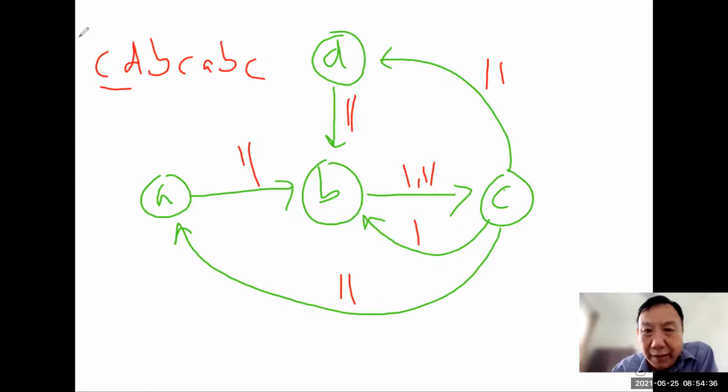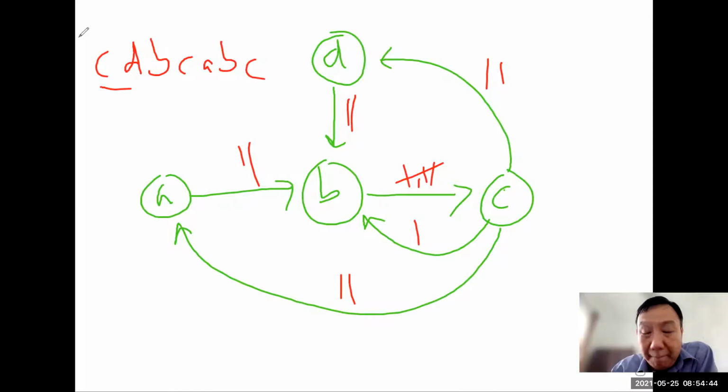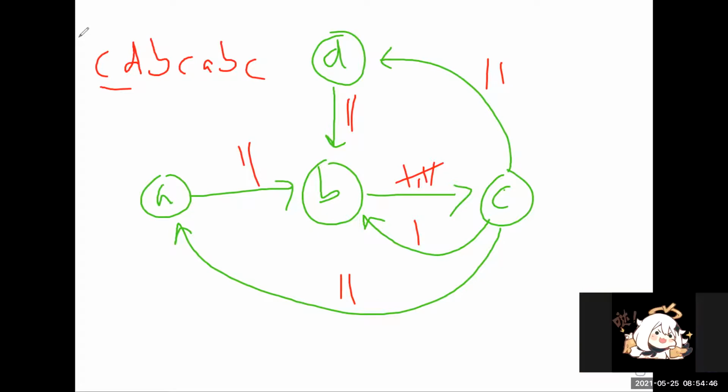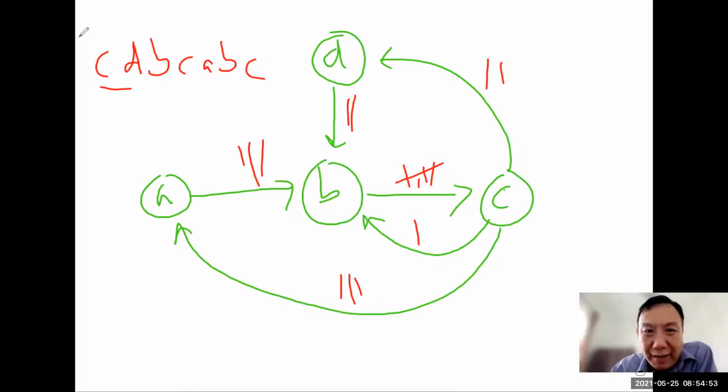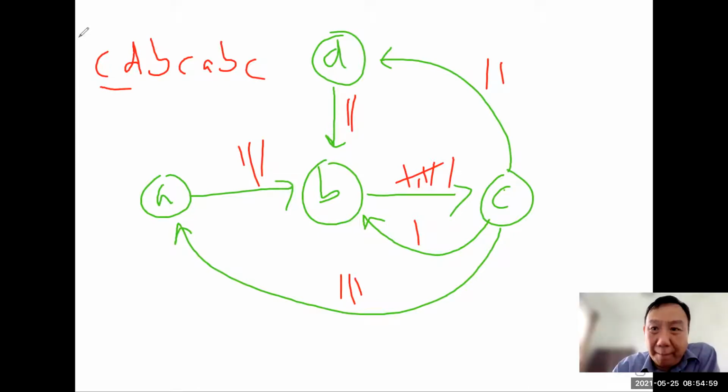And then B, C, and then C, A. Next, A, B, and B, C. Next, B, C again. Okay, is that finished or is there still more?